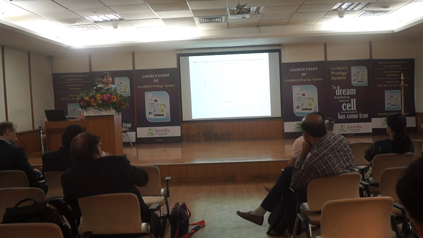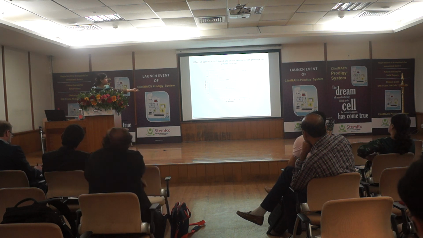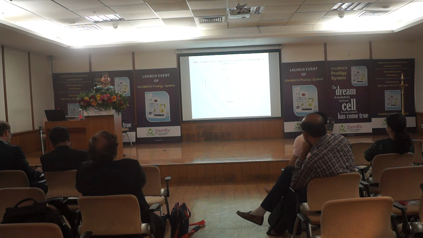Then we also looked at the donor genotype. When the donor had a telomeric B type, the AB or BB type, with the patient carrying the ligand C1, the chances of overall survival were better than with a donor who had a KIR A genotype.